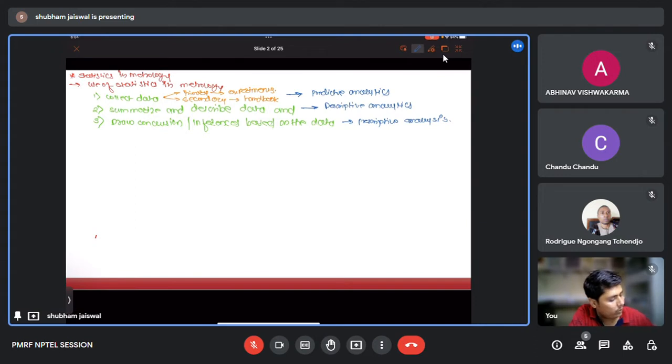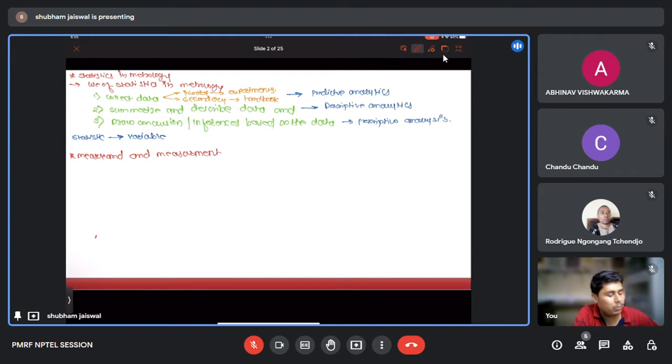Okay. Then after that we have seen what is meant by statistic and what do you mean by statistics? Okay. So statistic means nothing but the variable that we are considering. It can be mean, mode, everything. Okay. So after that we have seen what is measurand and measurement.